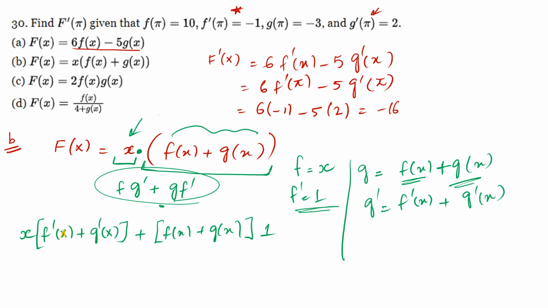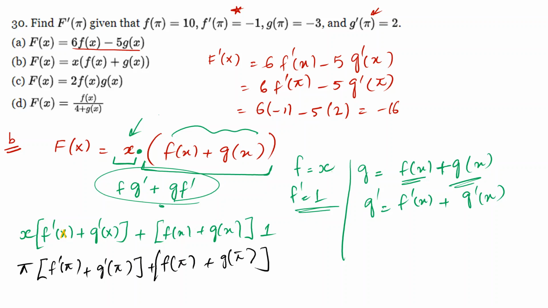Okay, so wherever we have the x, we will replace every x by the pi. So we will write here f prime of pi plus g prime of pi. Then again here f of pi plus g of pi, and anything multiplied by 1 is the same, so I'm not writing the 1. Now what is f prime of pi?